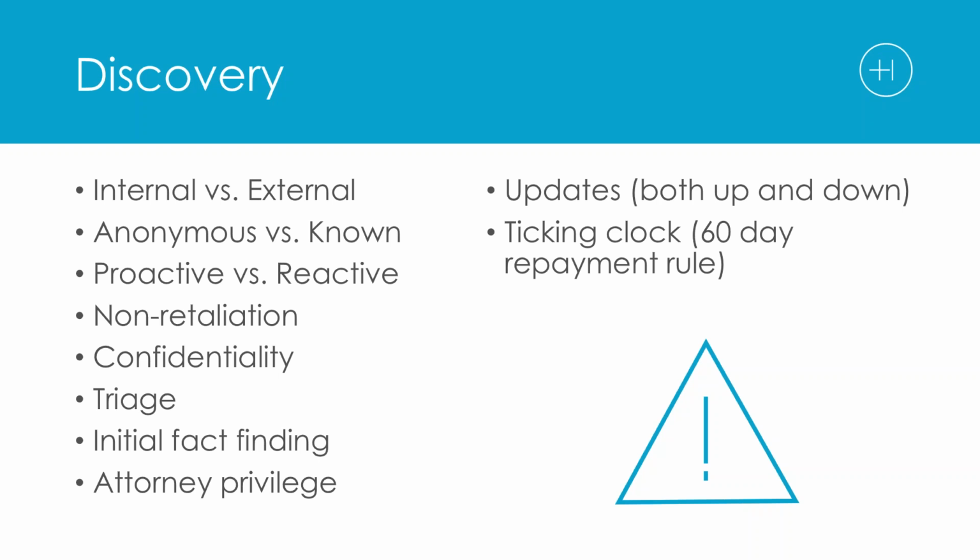So you want to make sure, and this is on the right part of the slide, the updates. When I say both up and down, what I mean by that is you want to make sure you're giving appropriate updates to the person who brought you the issue. If they bring you an issue in January and they never hear from you again until December, and then let's say they leave the organization or they're fired for other reasons, they might file a whistleblower lawsuit.